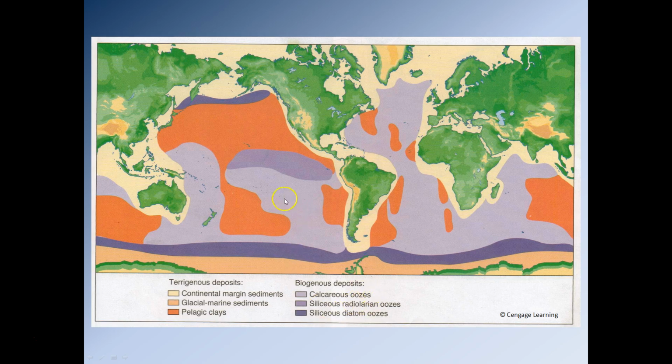In the case of the radiolarian oozes, you can see they're located in the middle Pacific over here, and their population is primarily controlled by the circulation of water in the South Pacific. Essentially, it's moving from South America, coming across to Southeast Asia, where it gets warmed up and then comes back towards South America again. That current is sometimes referred to as the El Nino if it gets particularly strong.